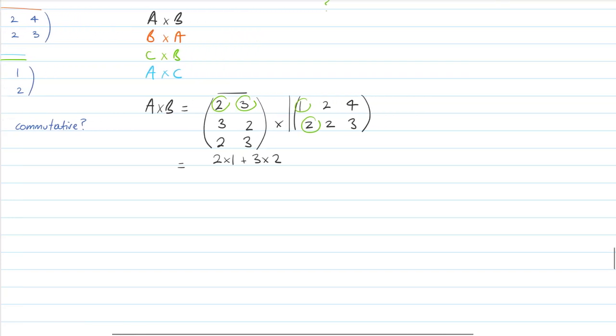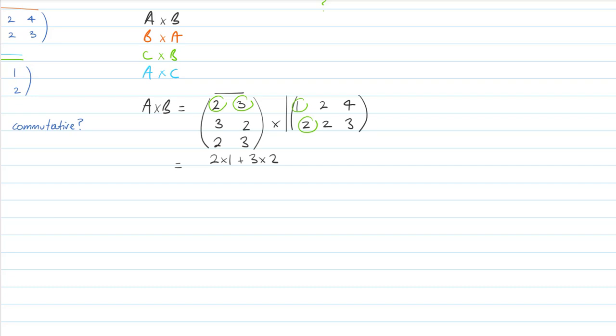So I'm going to run across and do 2, 3 by every single column. So I get 2 times 2 and 3 times 2. And my last one, hopefully you can guess, and there should be a plus there, 2 times 4 plus 3 times 3. Now that's just my 2, 3 row.